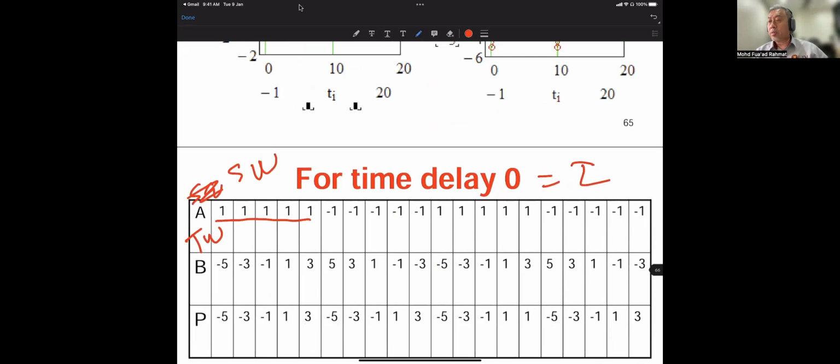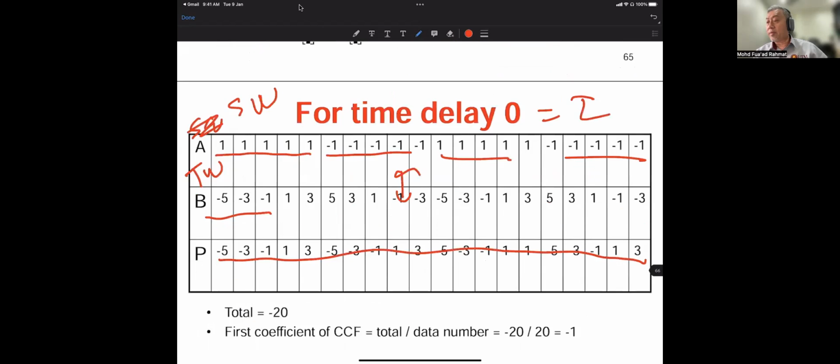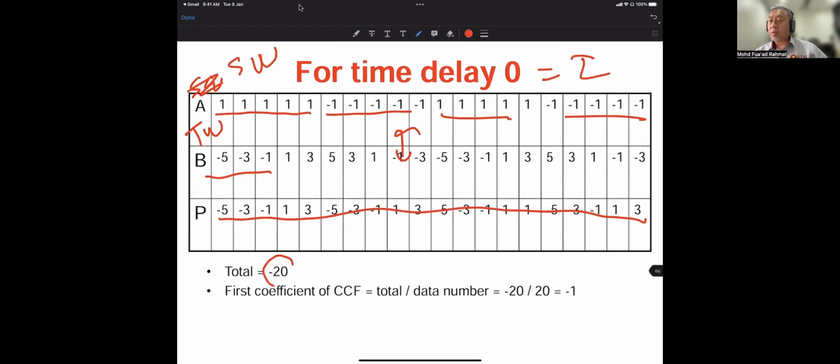So 1, 1, 1, minus 1, correct, and then the triangular. At tau equal to 0, multiply each other, total up and then average. The total is minus 20 divided by 20 data, so minus 1. This is the first CCF coefficient.